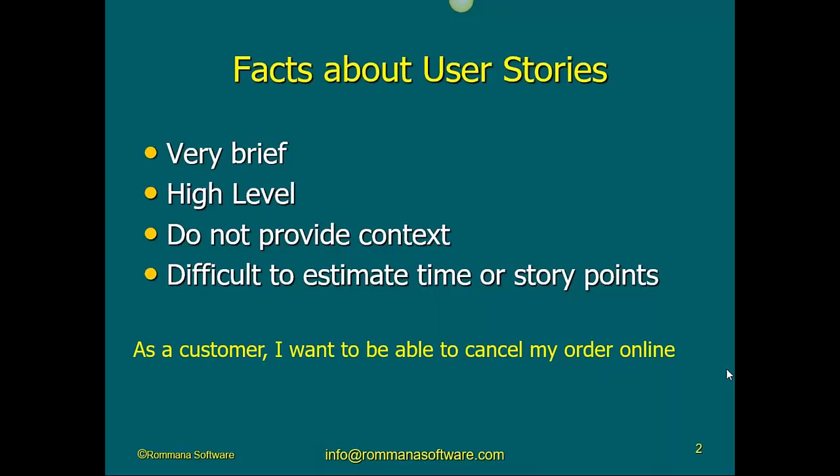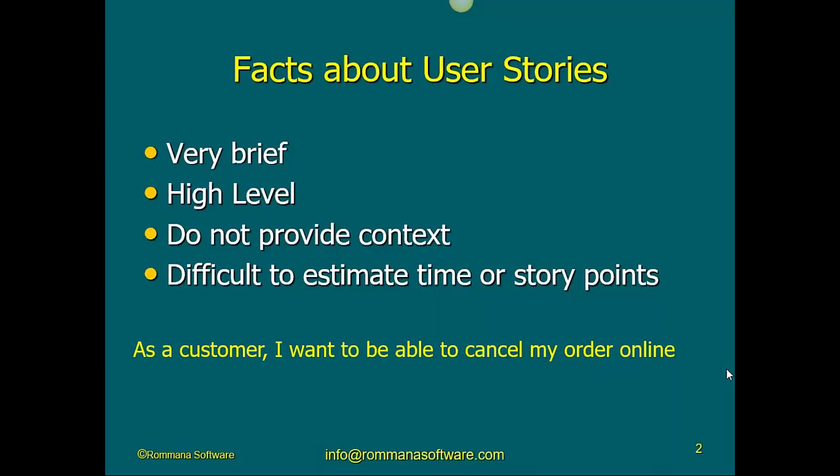Now, most importantly, in my opinion, user stories are very difficult to estimate in terms of how much time we need to implement them. In agile projects, we estimate the effort for a user story using what we call story points. I have seen agile teams assigning story points to user stories, and I'm going to tell you this: at best, it is very, very subjective.